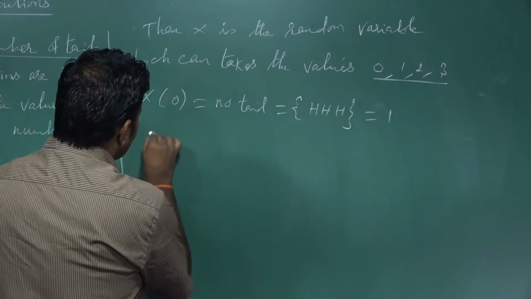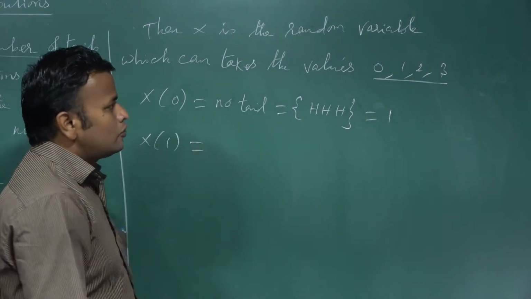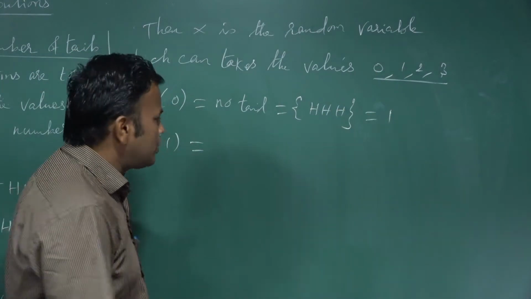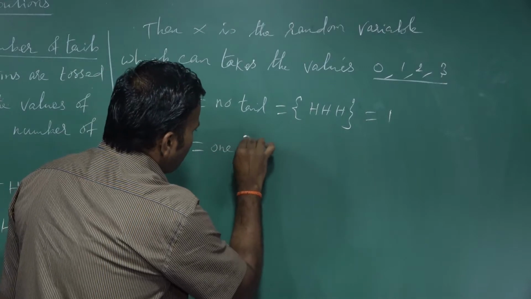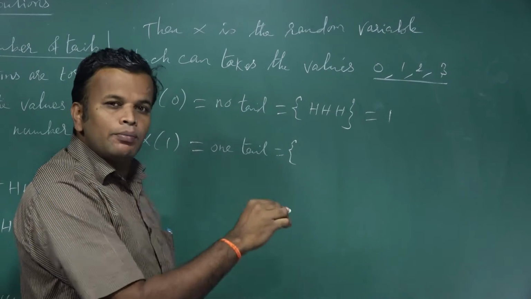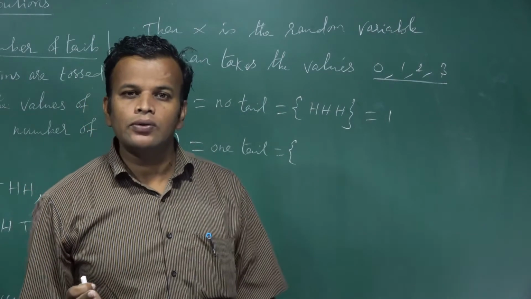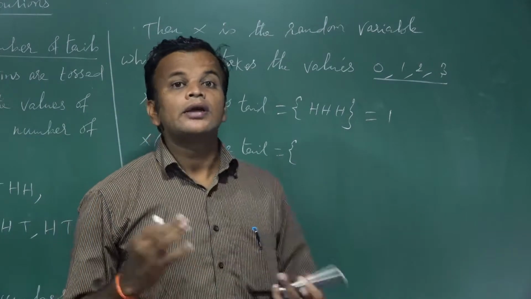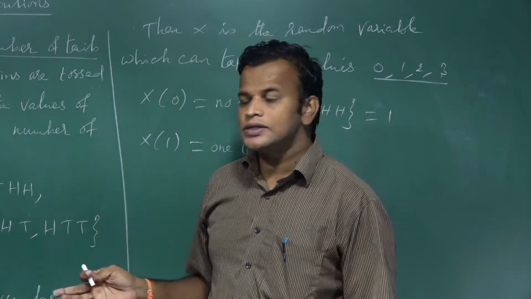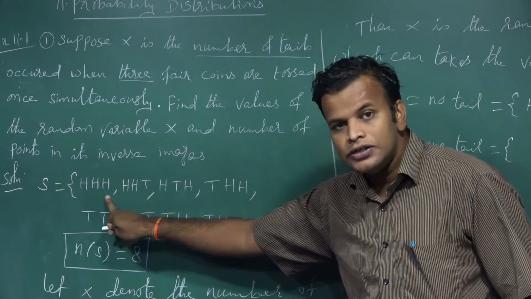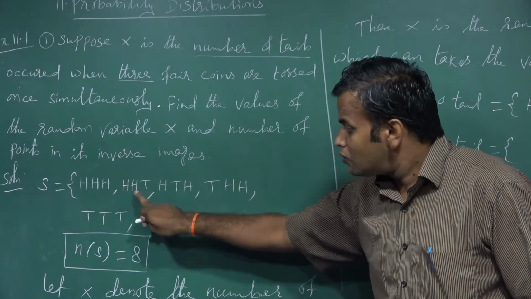Next, x of 1. X of 1 means one tail will come. The remaining 2 may be heads. So what is the total number of one-tail outcomes possible? Now again we see the sample space. One tail we need. Here HHH has no tail. HHT, okay, one tail is there.